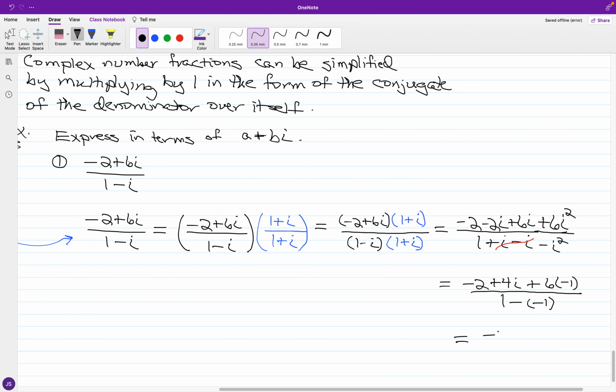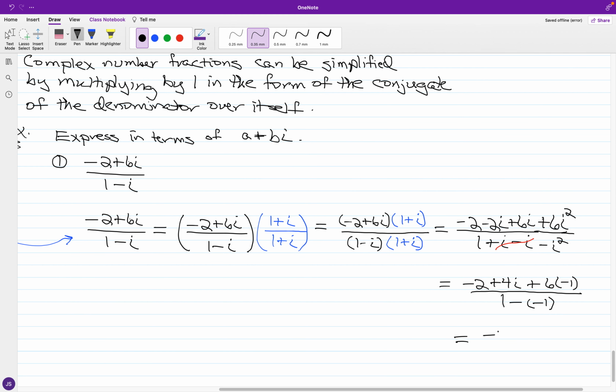And following through, in the numerator we have negative 2 plus 4i, and 6 times negative 1 is negative 6. And 1 minus negative 1 would translate to 1 plus 1, which is 2.